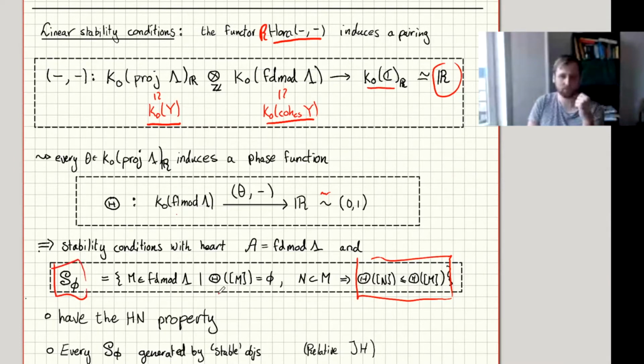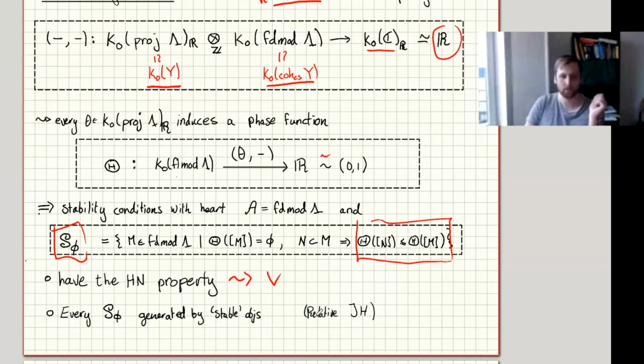Because we're working with a length category and all these filtrations are nice, we always get this Harder-Narasimhan filtration. So that's good, that's what we want. So we get our nice DT formula.